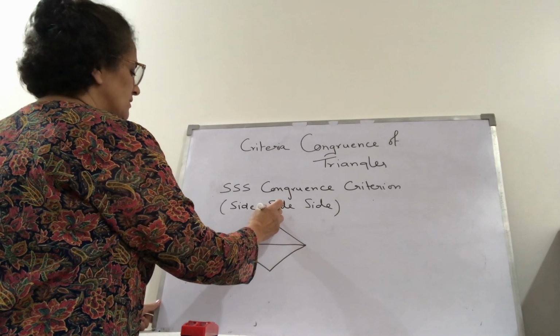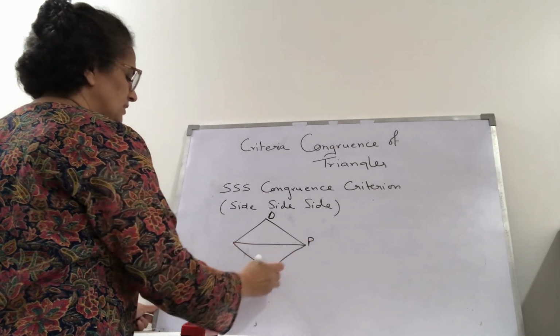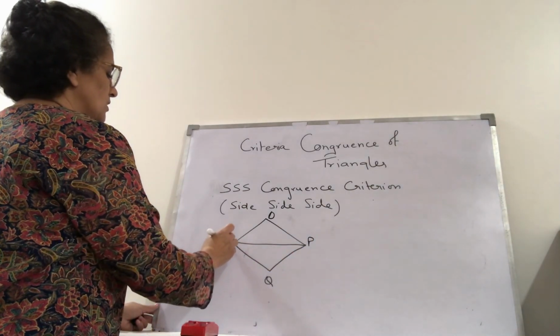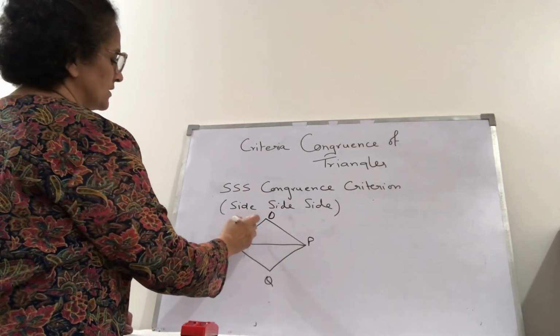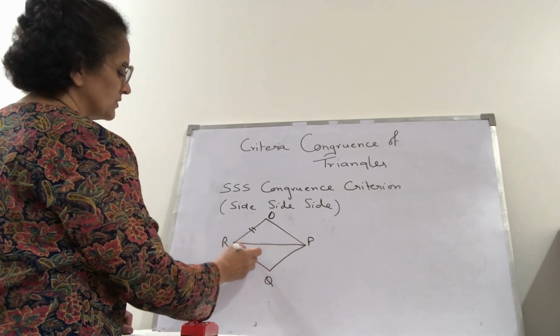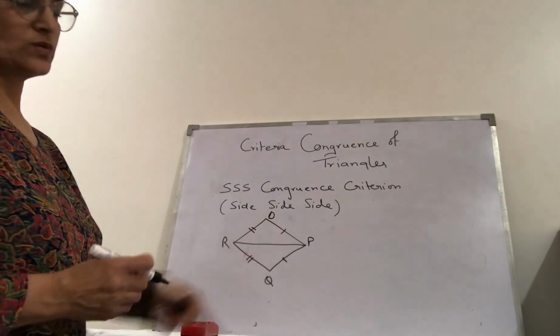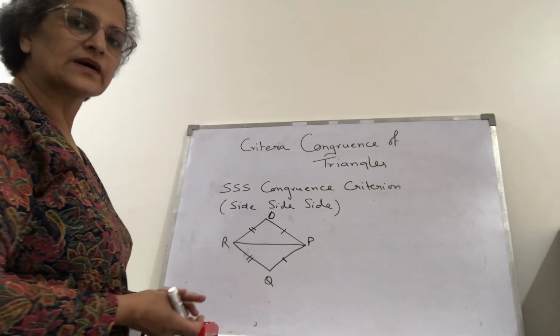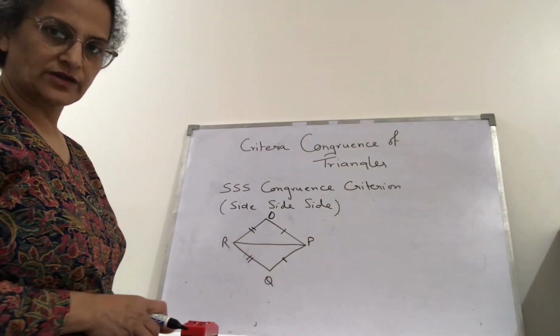So if I take O, P, Q, R, if only the marks are shown, that this is equal to this, from the figure and these marks you can write what is given to you.